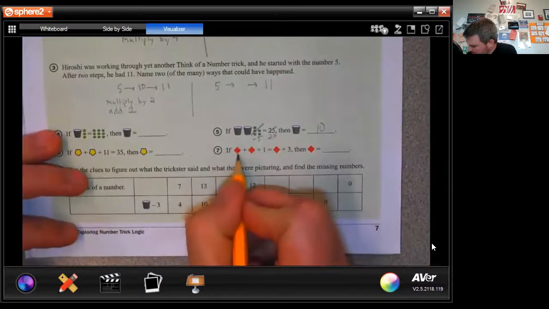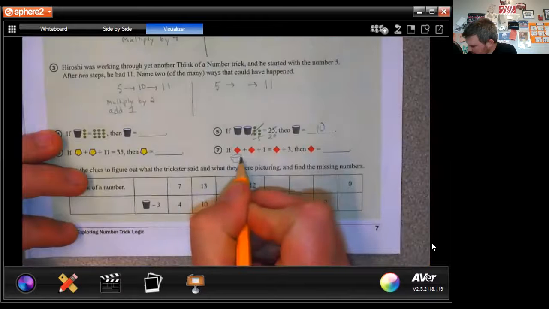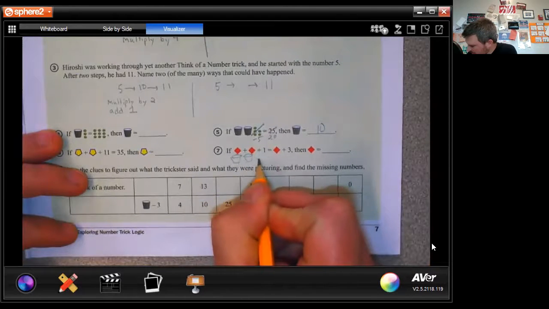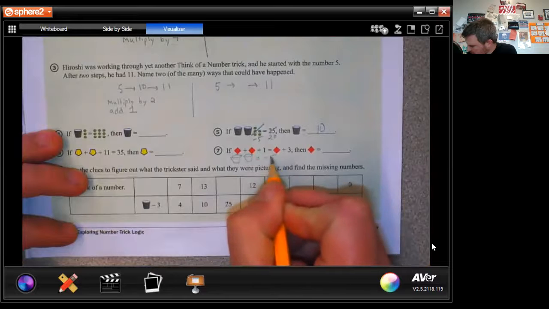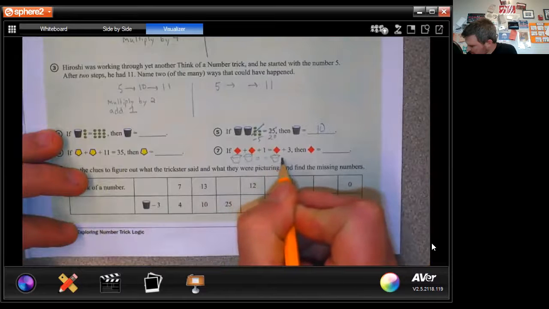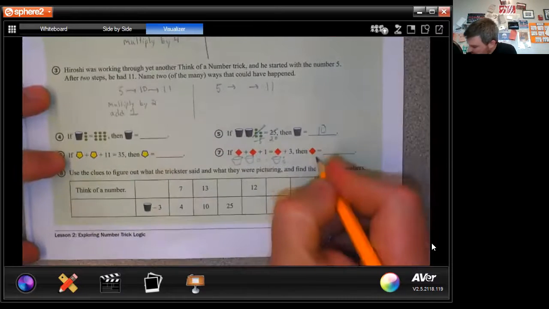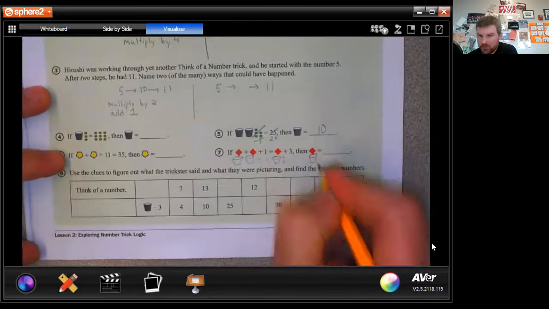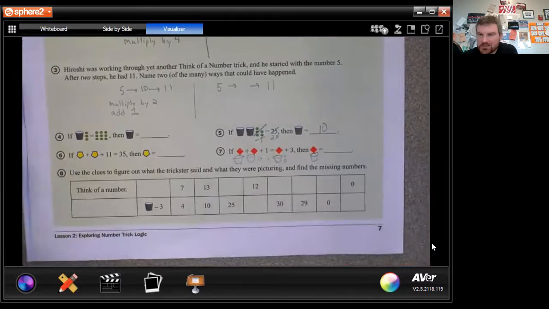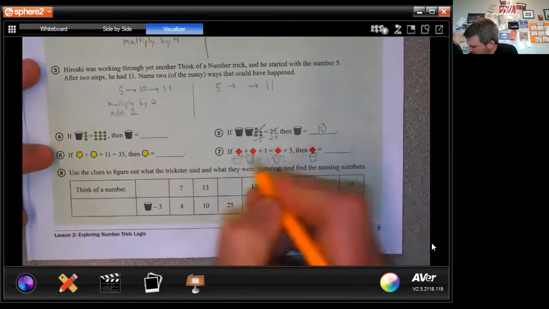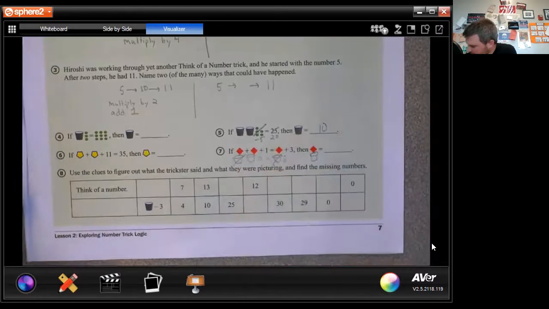We could have a bucket and a bucket and 1 marble equals another bucket and 3 marbles. It's the same problem, we're just representing it in a different way. It asks, what's a diamond or what's a bucket equal? If you notice, we've got buckets on both sides. If I have a bucket over here and a bucket over here, or a diamond over there, those cancel each other out.